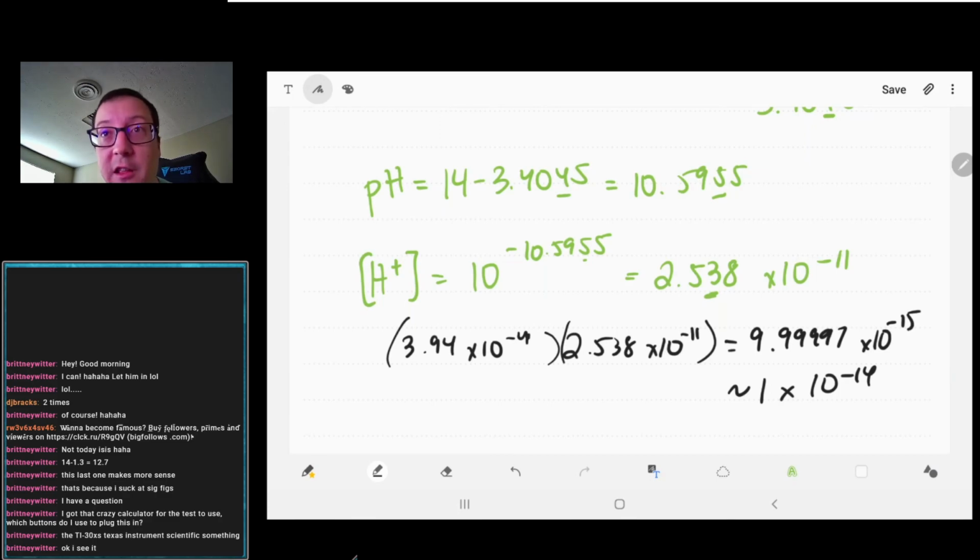Okay, so you found the log button. Honestly, the best thing to do is look up the TI 30XS. Okay, this is not the one we want. I think it's just XS.